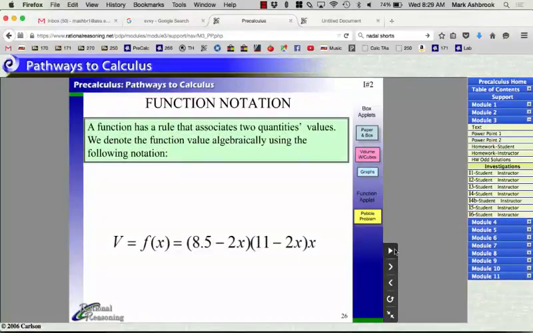So here's our symbolic way of showing a function. You've seen this before, f of x, but we really want to understand this. So let's identify all the parts of this.